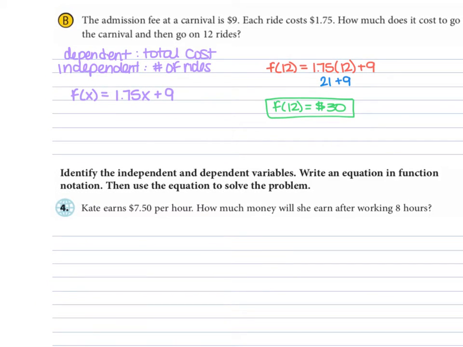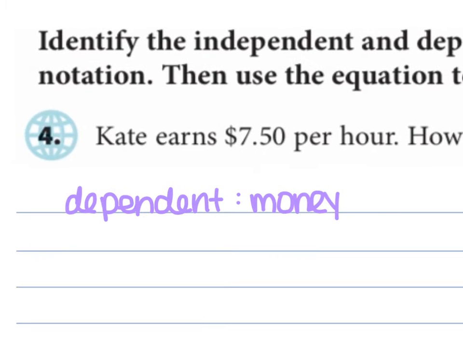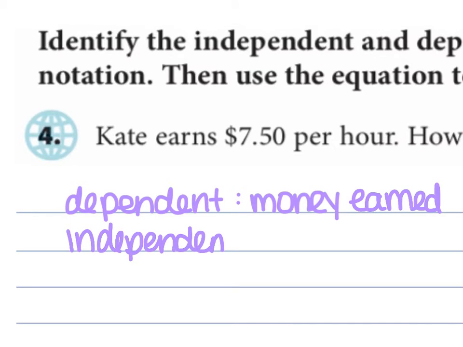For example 4, it says Katie earns $7.50 per hour. How much money will she earn after working 8 hours? Her dependent is the money she earns. Your independent is the hours worked.